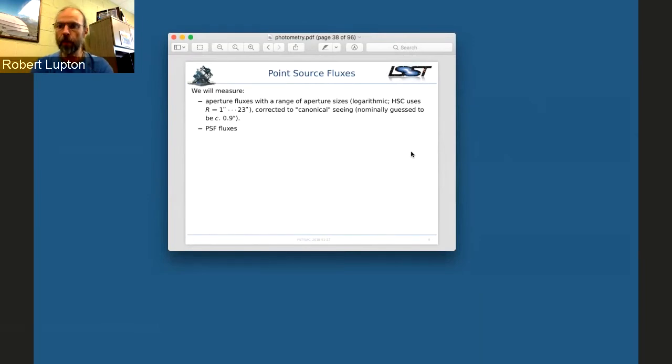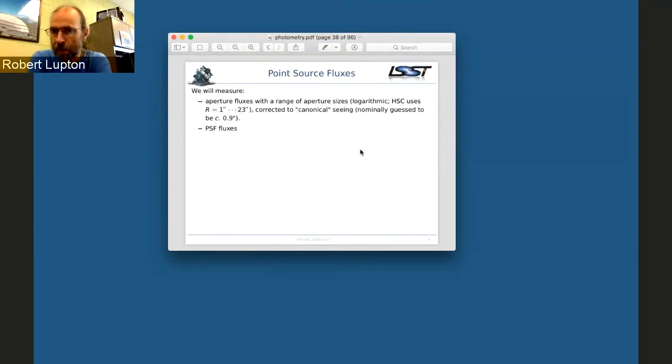And it also means that they're nested, so you can ask about the total flux within either an annular aperture or a total within an ellipse. We're using elliptic aperture. Okay, these will be corrected to canonical seeing, and the DPDD says 0.9 arc seconds. I'm worried about this. I'll come back to that in a little bit.